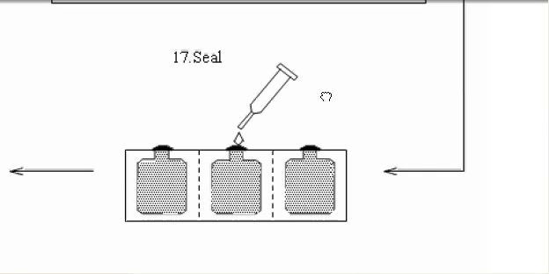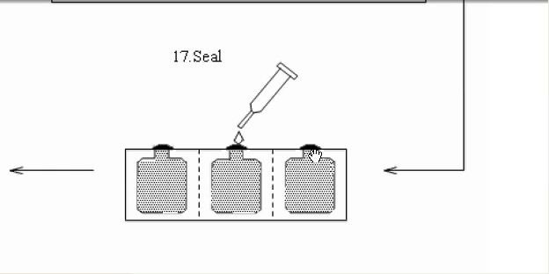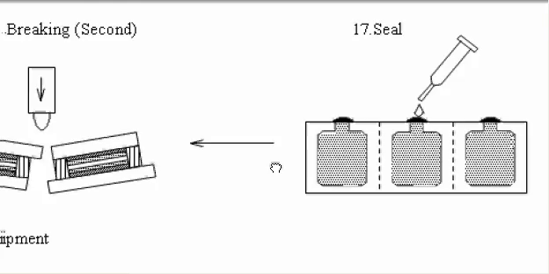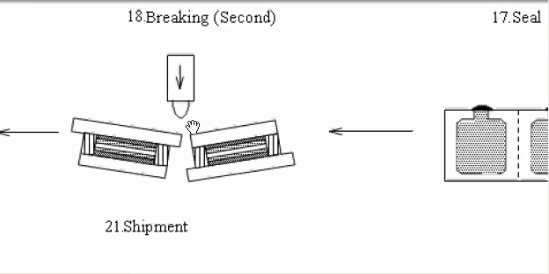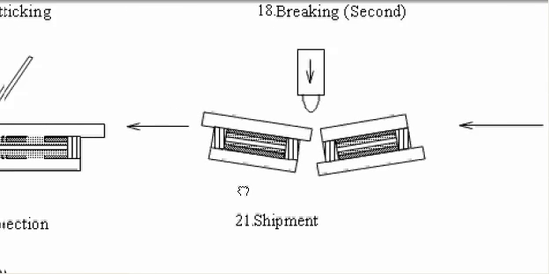And then, because there is an opening here, we need to use some glue to seal it, just to prevent the liquid crystal fluid from escaping from the cell. And then there are 3 cells here, so we continue to break it into small pieces.